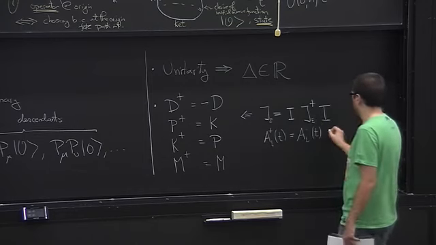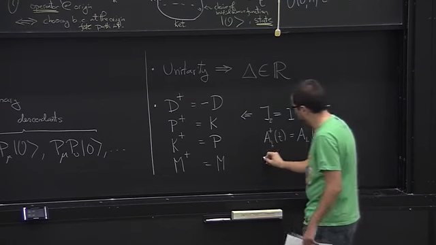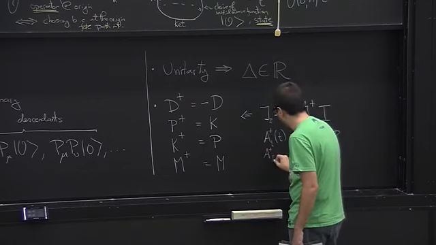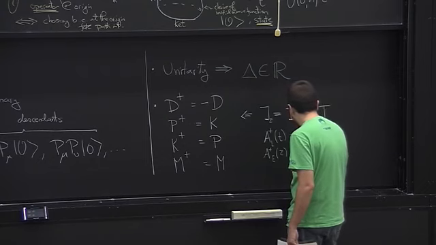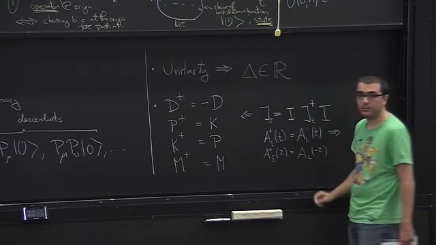So this implies that the operators in Euclidean, in tau, are related to each other by tau to minus tau.